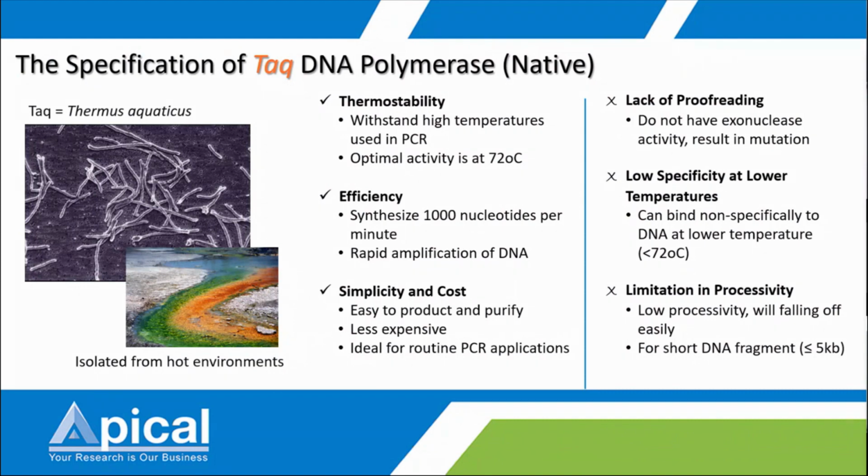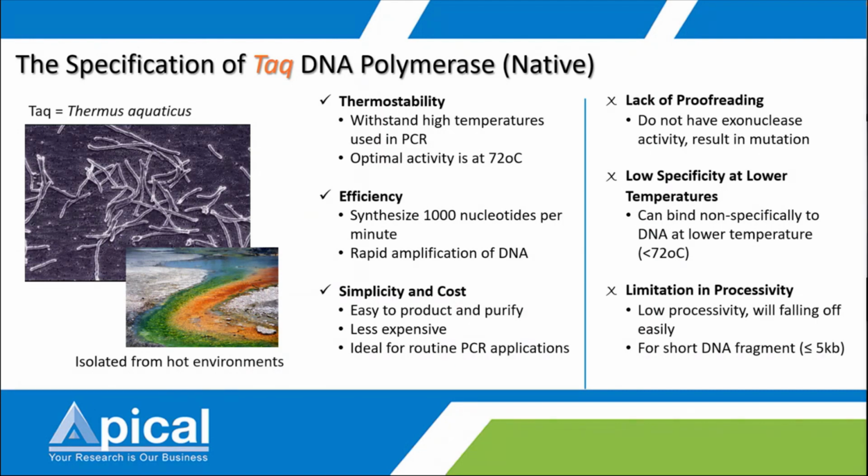Also, the processivity of Taq DNA polymerase is relatively low, which makes it easy to fall off from the DNA during amplification, and this limits the PCR product size. Okay, so the above are the features of native Taq DNA polymerase.